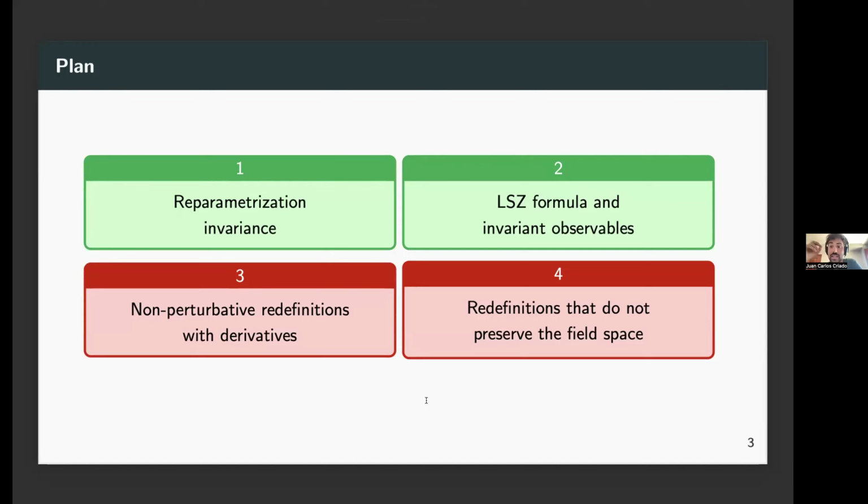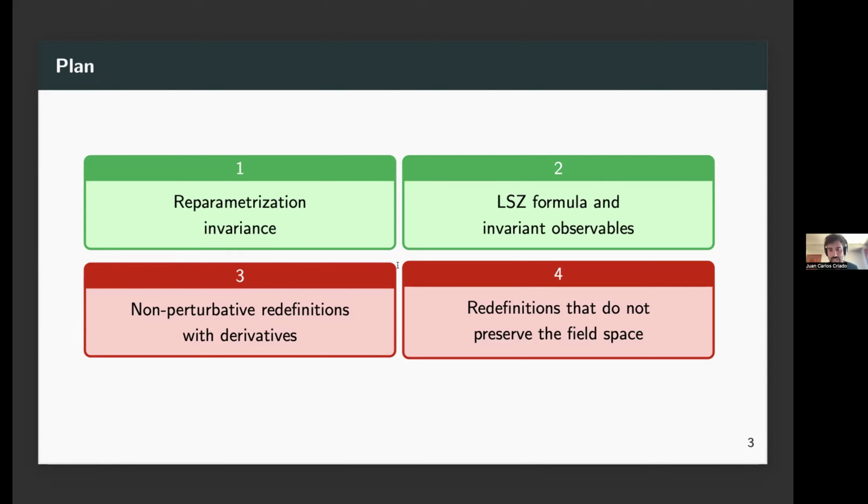The second one is something less trivial, which is the fact that there are some observables that remain invariant under field redefinitions. We will see that this is not the case for all observables. This is closely related to the LSZ formula in the quantum case. I will give a classical version of that.